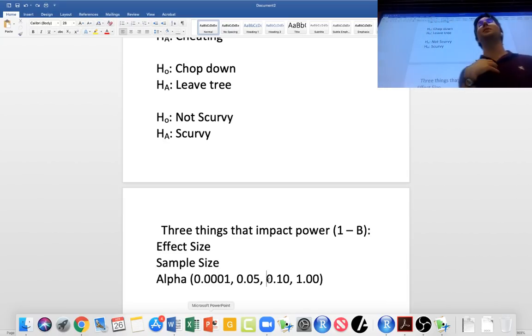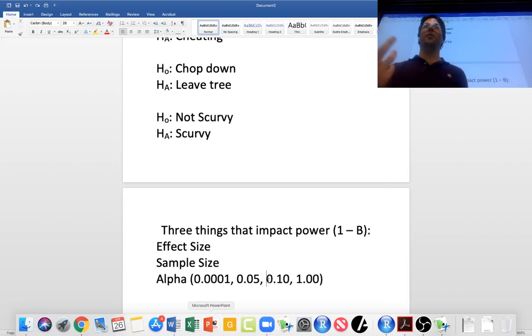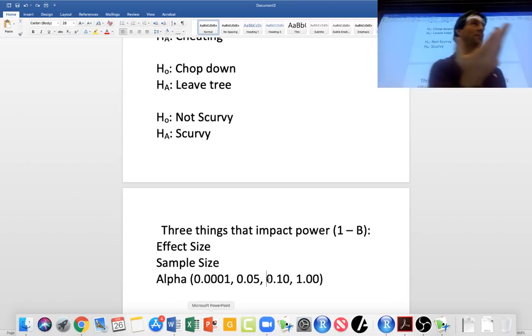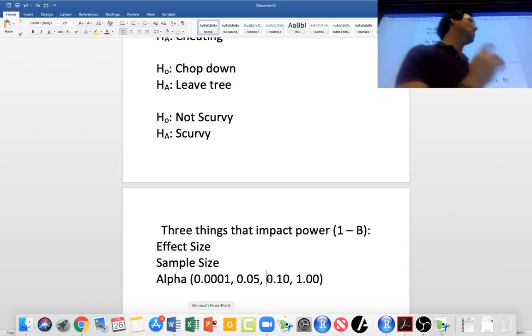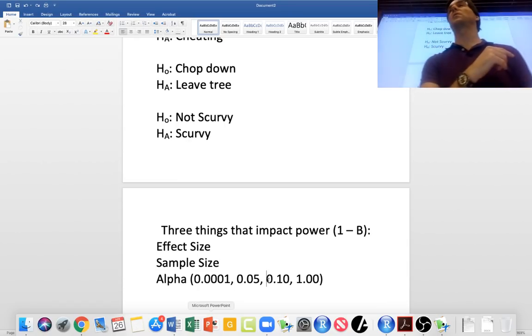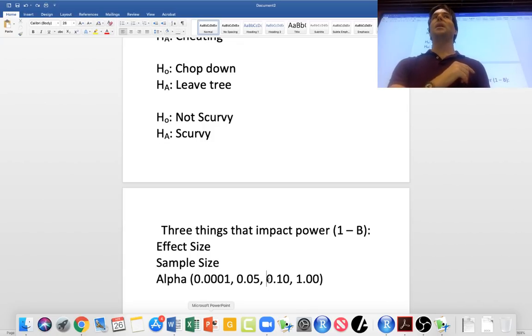Imagine you were to watch me play my brother or me play LeBron. Who would it be easier to tell that there's a difference between these two people? When you watch me play LeBron, which of these concepts might that relate to? It relates to the first one, effect size.